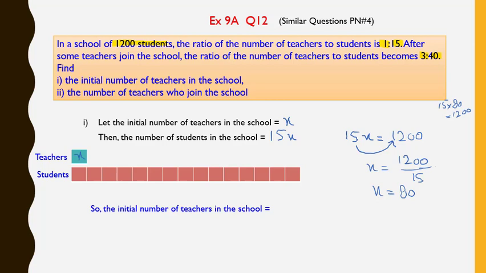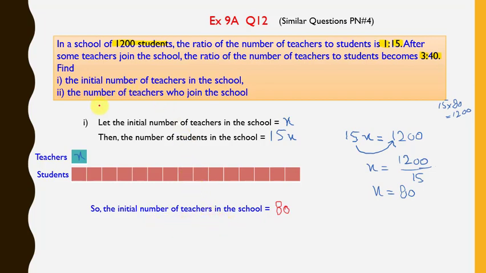Now what is the initial number of teachers in the school? As we can see, initially we supposed that the initial number of teachers in the school is x. As x is 80, there are 80 teachers initially in the school.